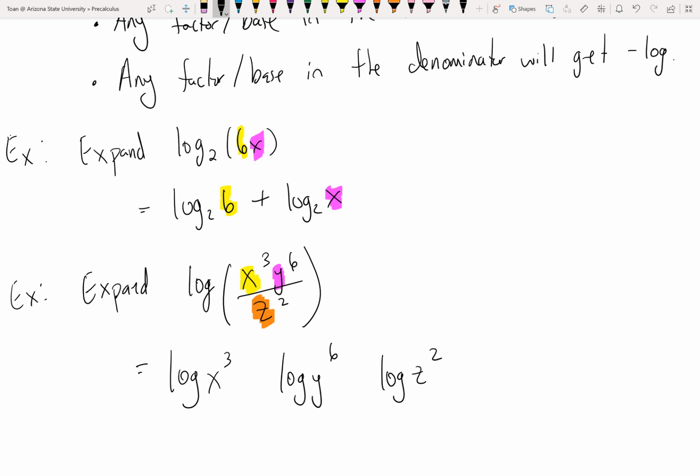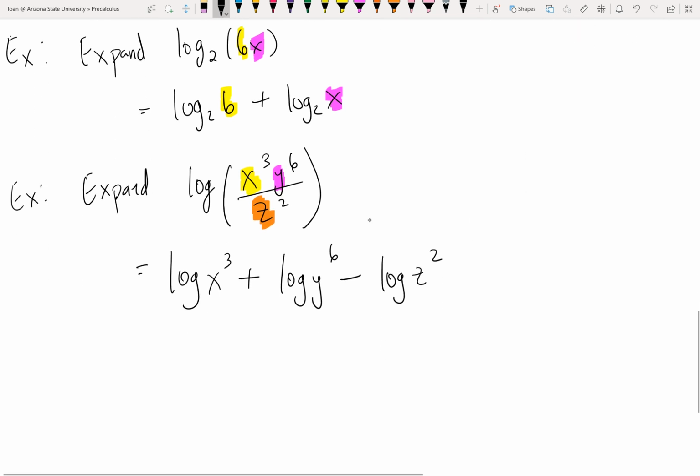And the idea is, if it came from the numerator, it will be a positive log. If it came from the denominator, it will be a negative or a minus log. I hope everyone can see that the x and the y came from the top, the numerator. So the log of the x and the log of the y will be positive. And the z came from the denominator, so his log will be minus. The last thing you want to do is take care of exponents.